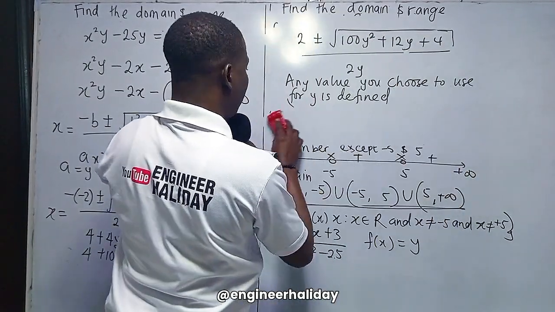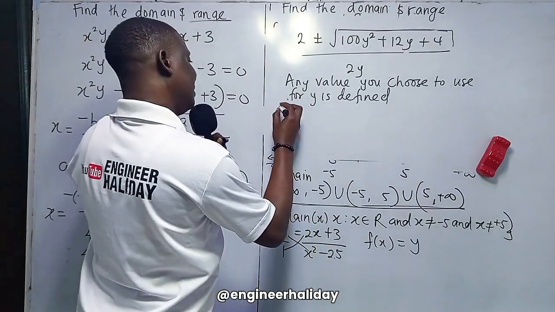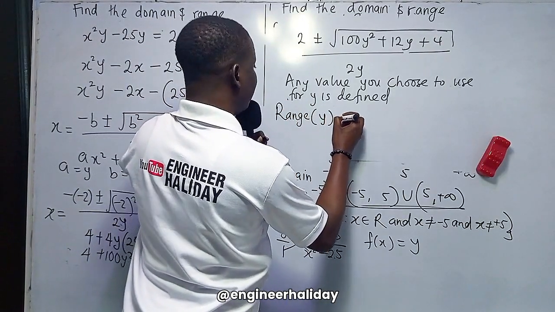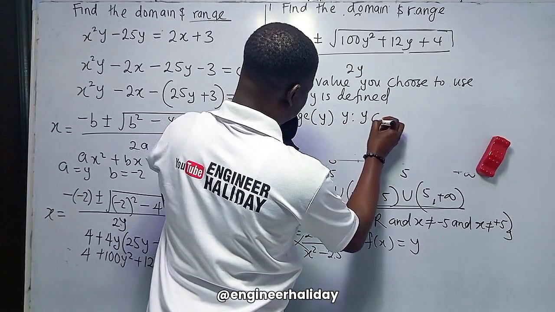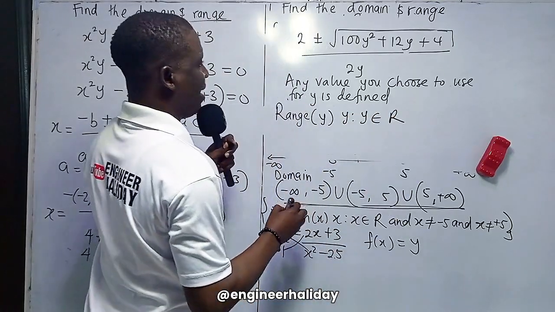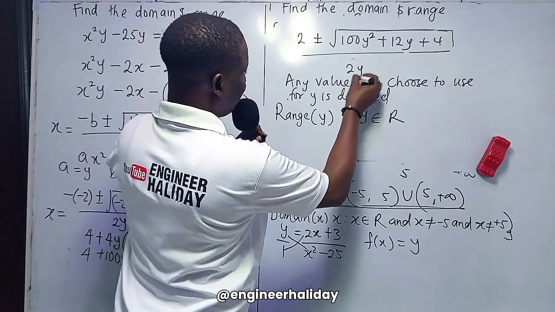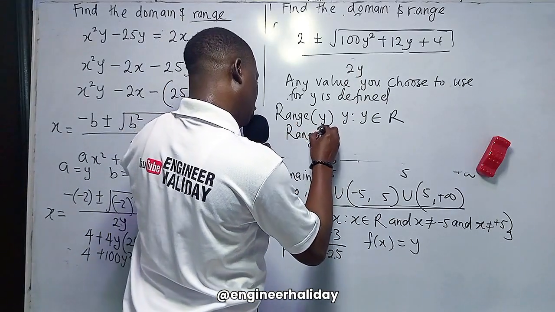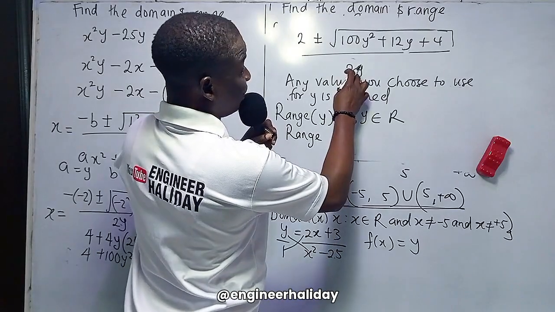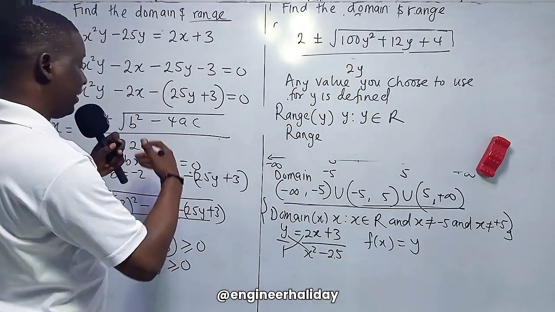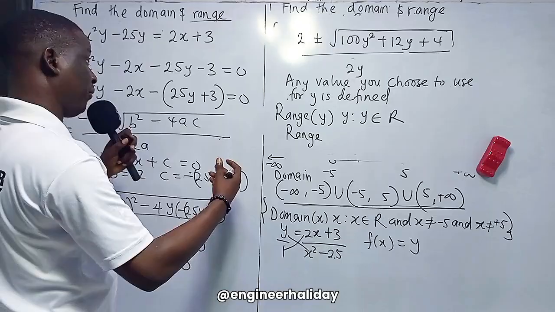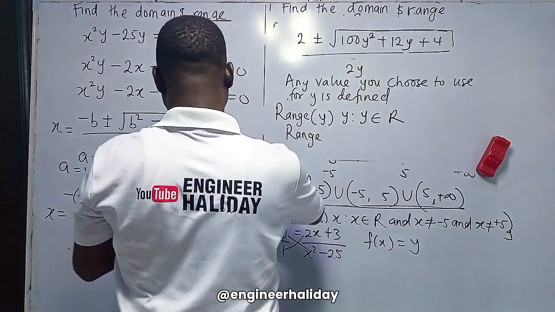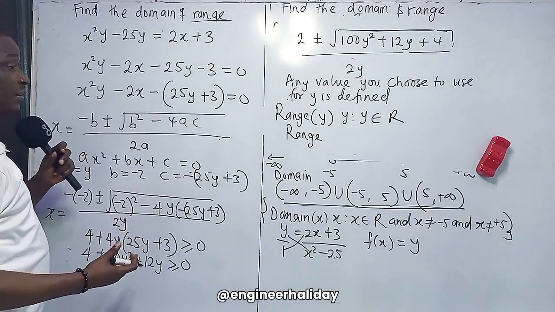So what we are going to say is that the range, which is a function of y, is such that y is an element of the real numbers without condition. You don't consider this, I told you before. Therefore our range is equal to this, because we made y the subject of the formula from what we solved, and majorly this particular part is what decides whatever range we are going to get.